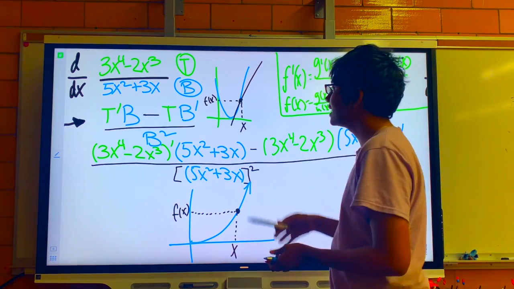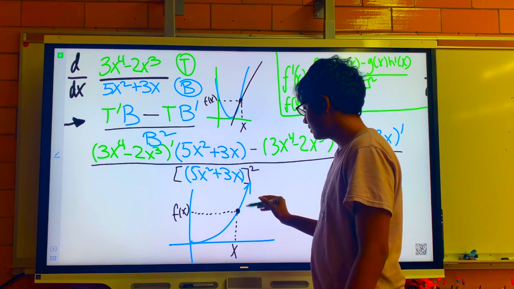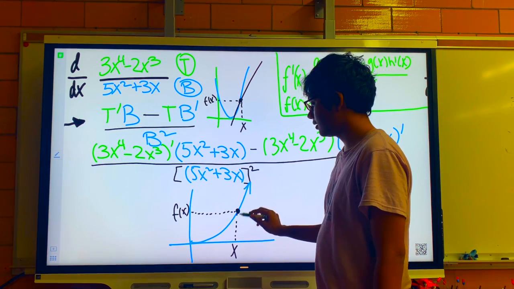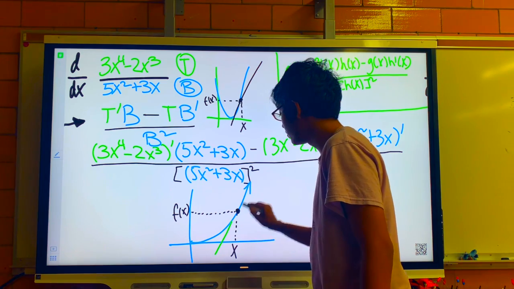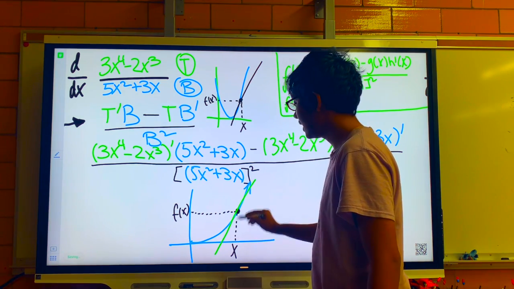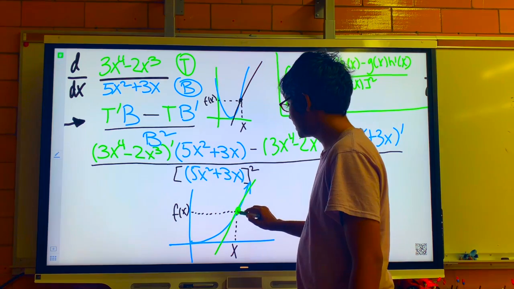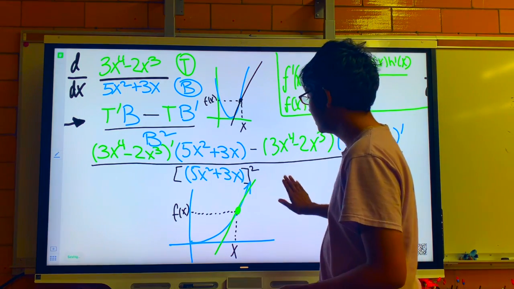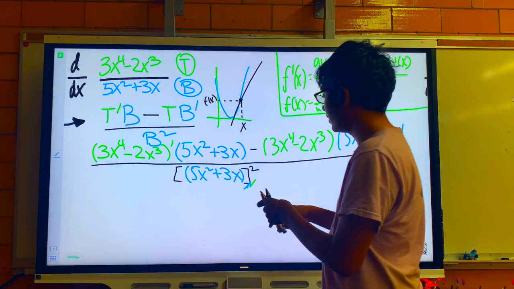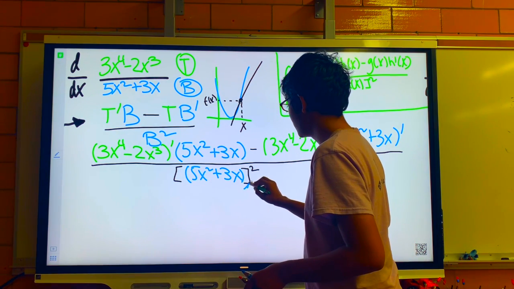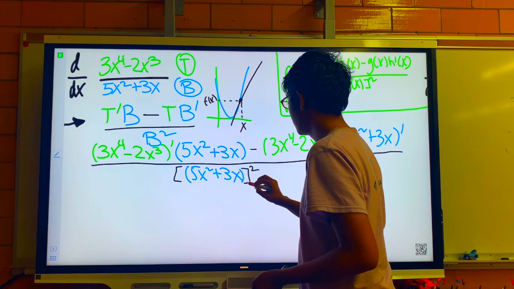Well, when I say I'm taking the derivative of this function at x, what I'm really saying is that I'm trying to find the slope of this tangent line at x. Okay? So that's essentially all the derivative is. And yeah, so let's keep on evaluating the derivative of this function using the quotient rule, which you recently learned.